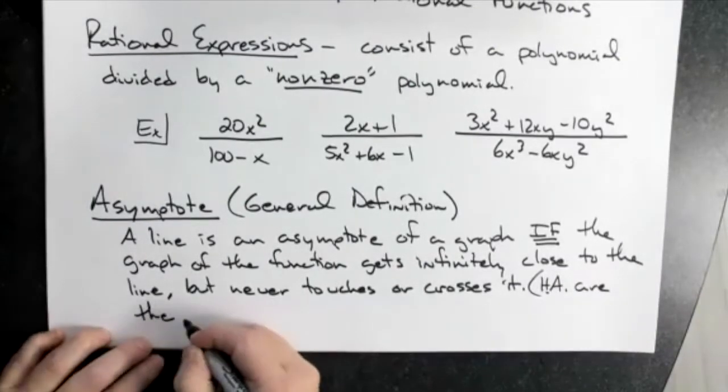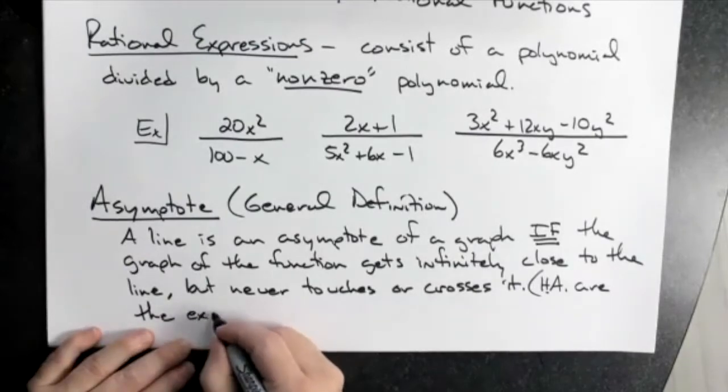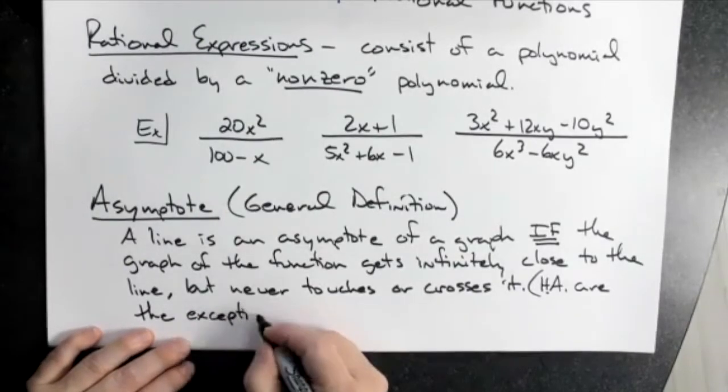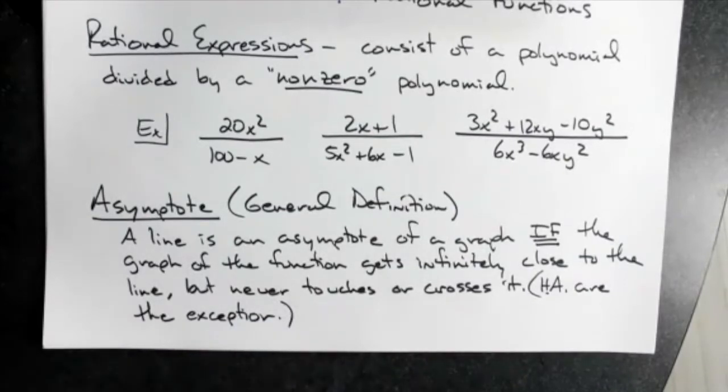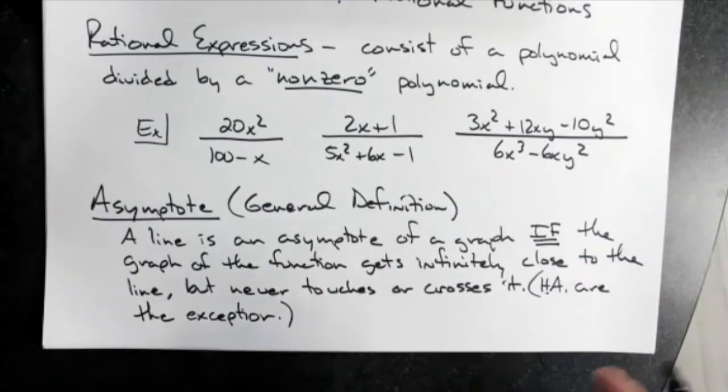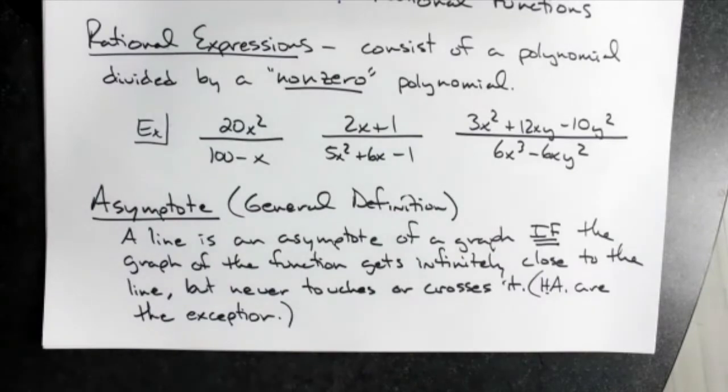Functions can cross a horizontal asymptote. But initially, they tell you that a function does not cross your asymptote because it's just easier to define it that way, because it gets infinitely close to it but never touches it. Just makes more sense that way.